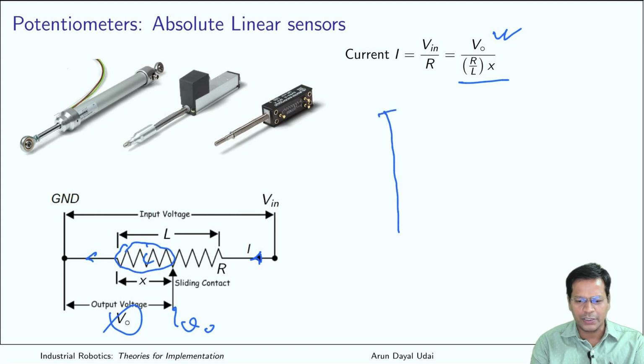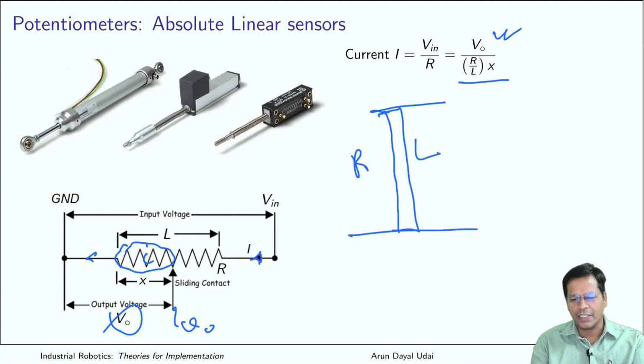If the total resistance strip has total resistance R and total length L, I assume that this resistance is varying uniformly, the resistivity is constant. So at any place in between, at a distance X, the resistance from here to here will be given as X divided by the total length L, times the total resistance.